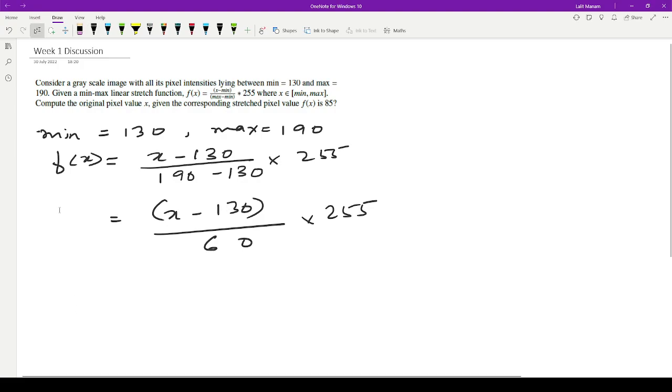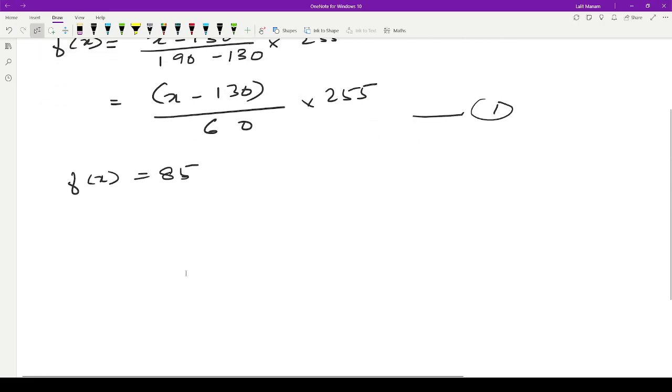So what's the question? We need to compute the original pixel value x given that the corresponding stretched value f(x) is 85. So f(x) equals 85, and we need to find the corresponding value of x. We'll just replace it in equation 1. So 85 equals (x minus 130) upon 60, times 255.